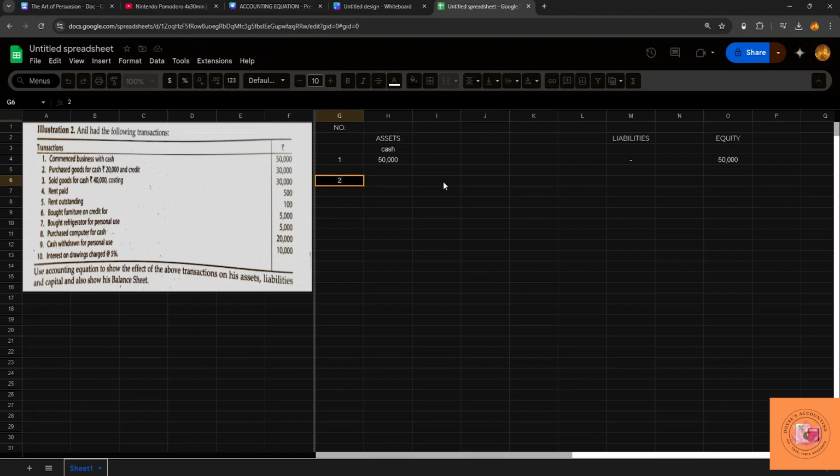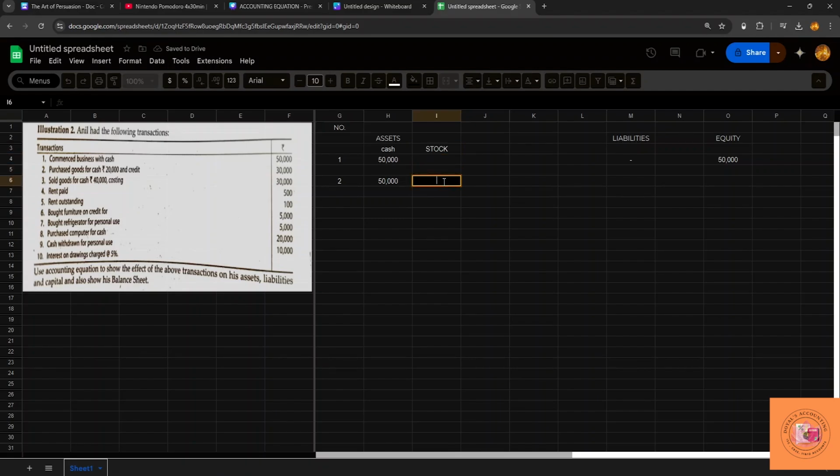Now transaction number 2. You have purchased goods for cash rupees 20,000 and credit. You have purchased goods for 30,000 and you paid cash worth 20. Okay. So our opening balance of cash is 50,000. Now we have stock.